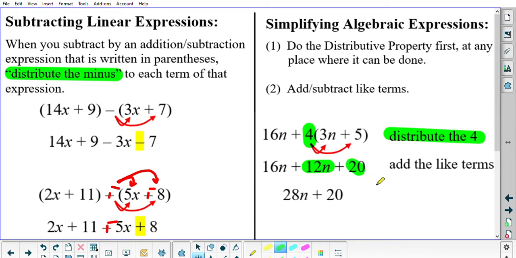That is the distributive property, and you got to do that first. Then you can add the like terms together. And it just so happens that on this problem, the like terms are the 12n and the 16n, which of course would give you 28n. You would not add it to 20 and get 48n because the 20 does not have an n, and therefore you no longer have like terms that you can add together.